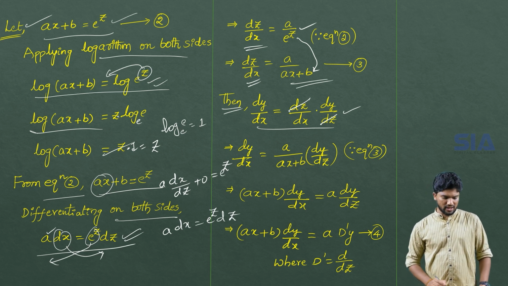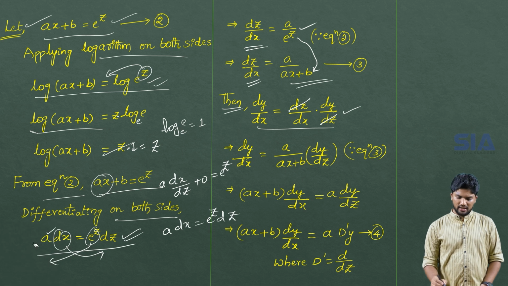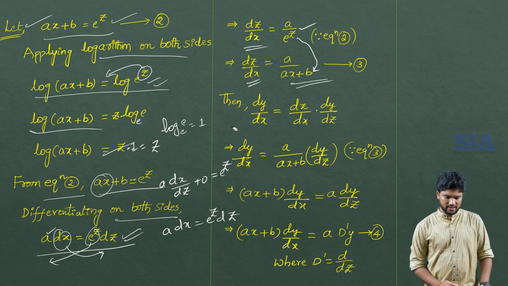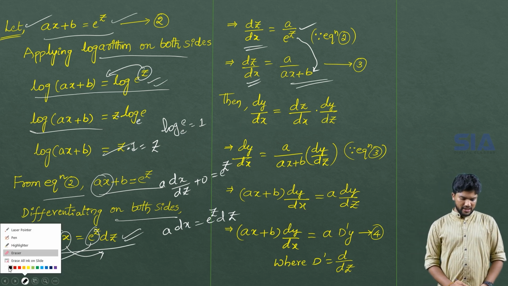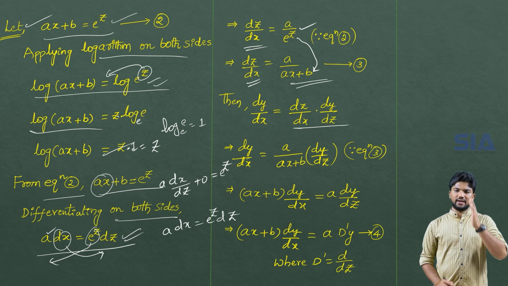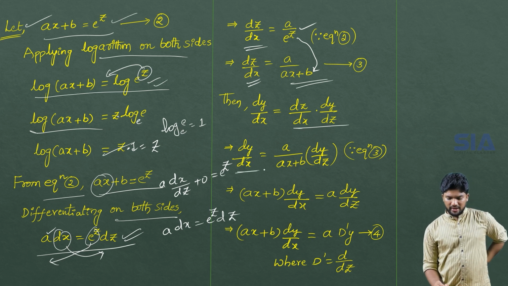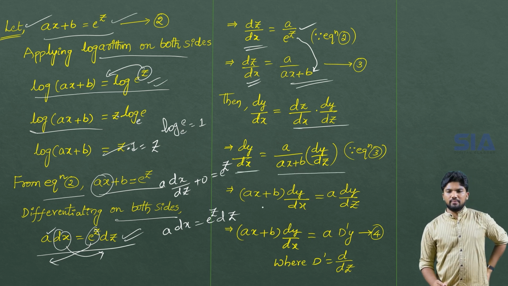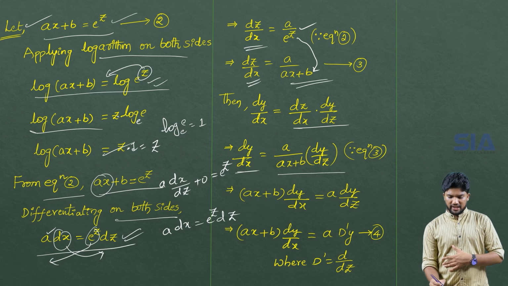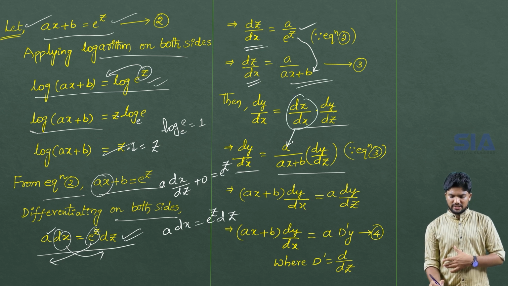So without loss of generality we can write that dy by dx is equal to dz by dx into dy by dz. Therefore dy by dx is equal to a by ax plus b, into dy by dz, where the dz by dx value is taken from equation number 3.